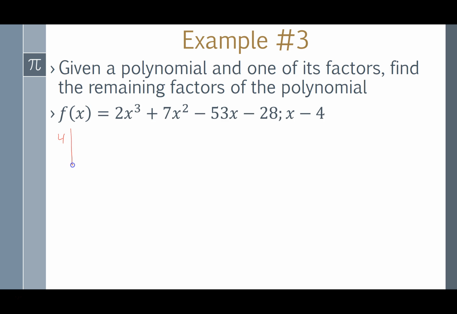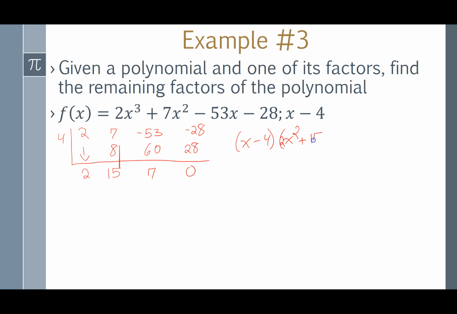So again, the 4 is on the outside. 2, 7, negative 53, negative 28 on the inside. As we go through our synthetic division, we again get a remainder of 0. It tells us this factors to be x minus 4, 2x squared plus 15x plus 7.